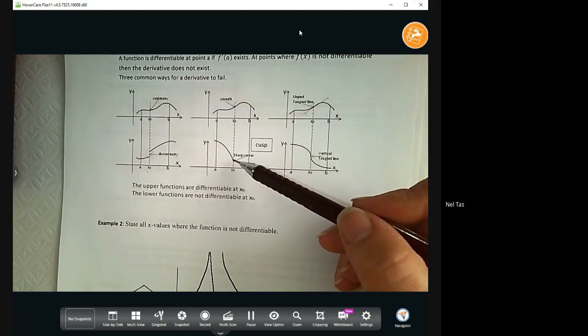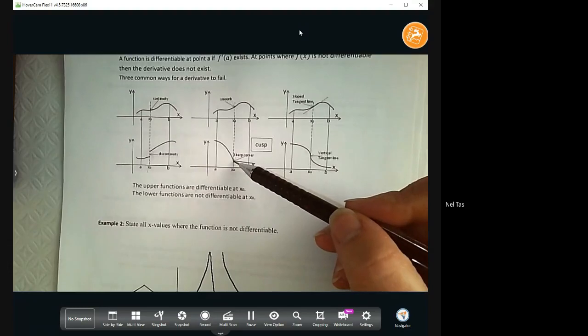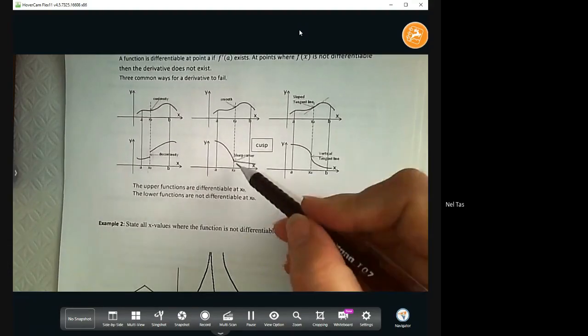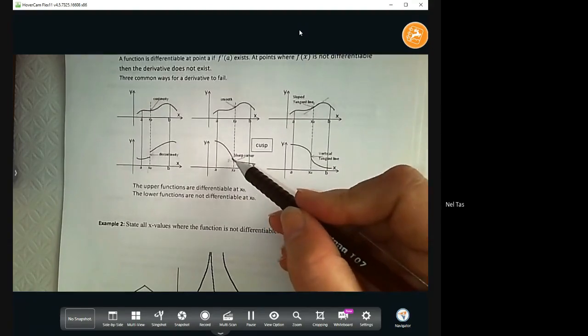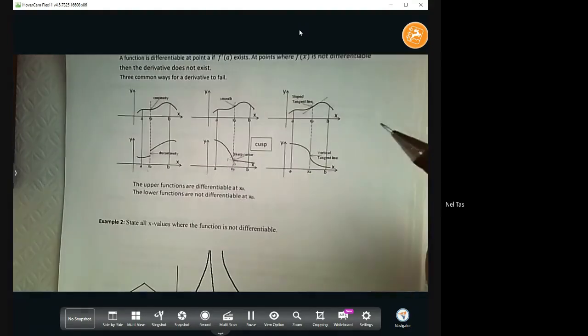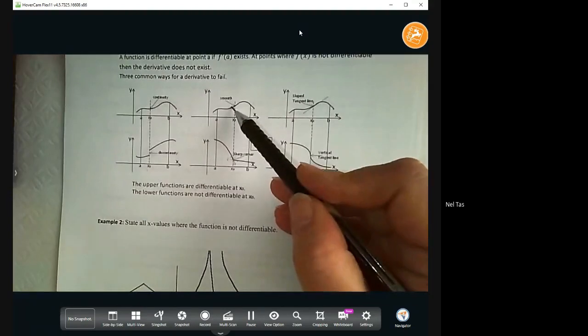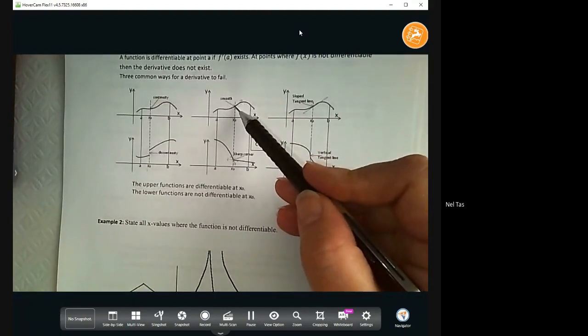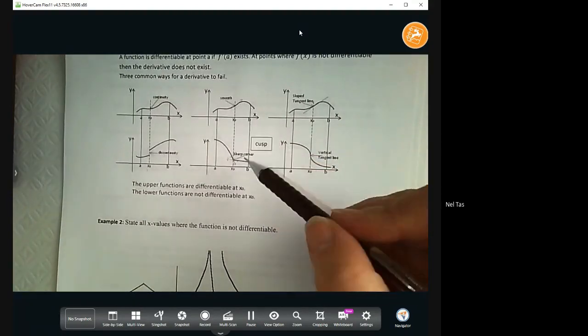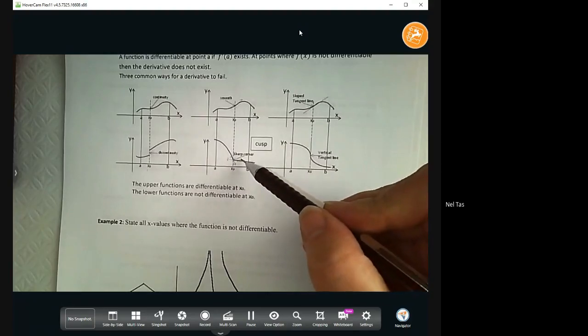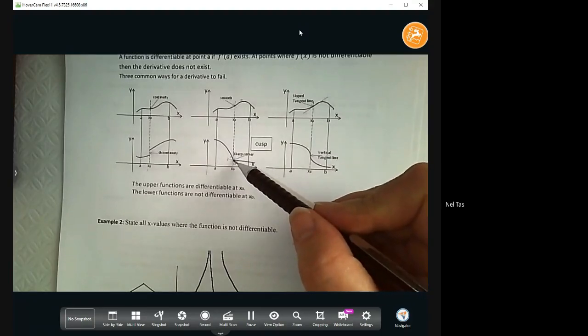But when there's a sharp corner here, how are you going to draw the tangent? Is it going to be this way? Is it going to be that way? If it is smooth, there's only one way of drawing the tangent. So when there's a sharp corner at those points, the function is not differentiable.